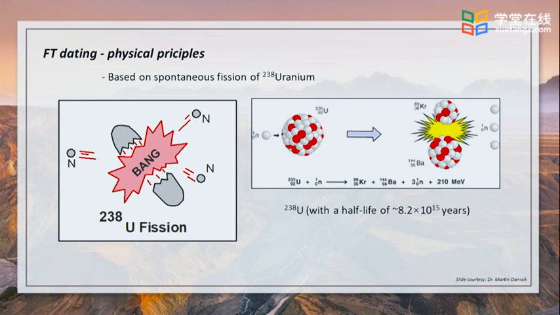The half-lives of all other naturally occurring heavy isotopes such as uranium-235 and thorium-232 that undergo spontaneous fission are too long to produce a significant number of tracks. Only about 1 in 2 million uranium-238 decay events occurs from spontaneous fission decay.